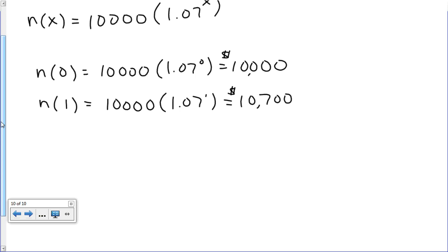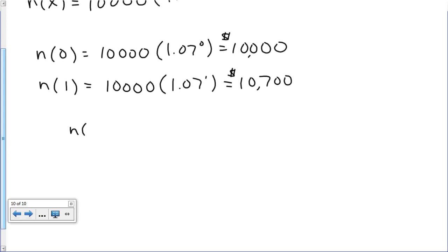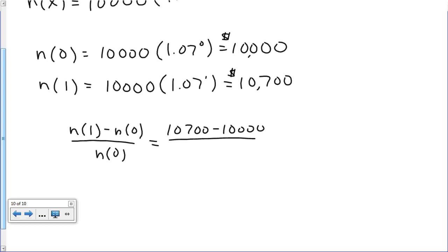And you can do that by taking the difference in these two amounts and then dividing by how much you started with. So, in other words, I'm actually going to calculate n at 1 minus n at 0 and divide that by n at 0. This will tell me the percentage that my account has actually grown by. So that's the 10,700 minus the 10,000 divided by 10,000.